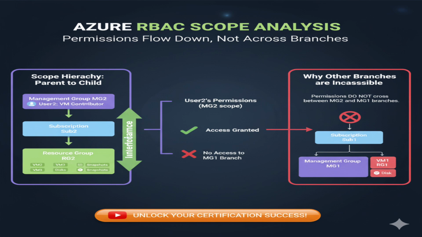Azure RBAC follows a strict hierarchy where permissions flow from parent to child scopes, management group, subscription, resource group, resource, but they don't cross between different branches. User 2's virtual machine contributor role on MG2 gives access to Sub 2 and everything under it, like RG2, VM2, VM3, but provides no access to resources under MG1.